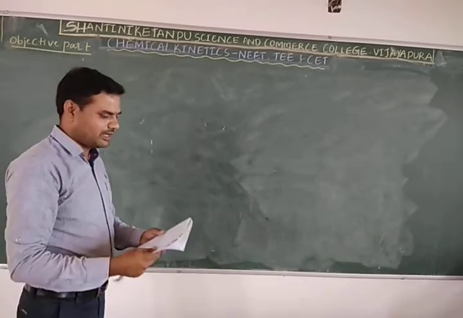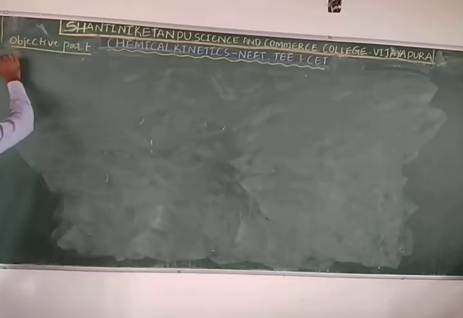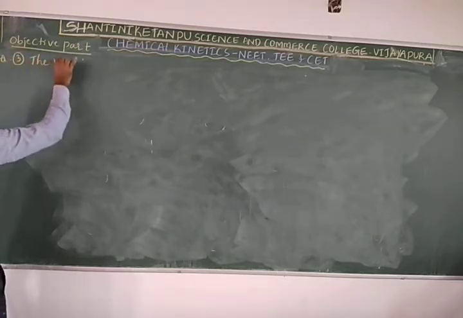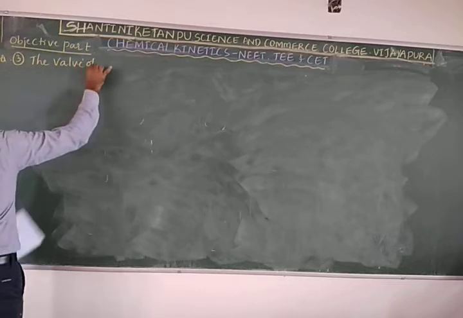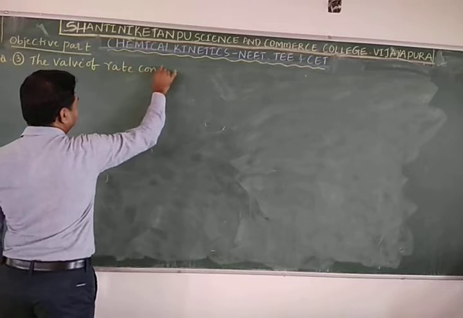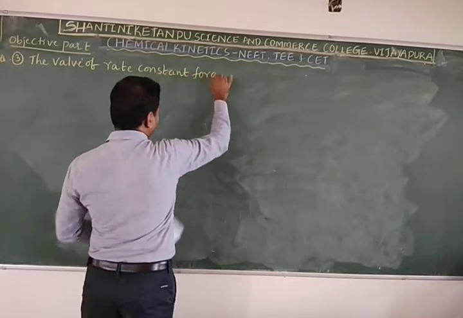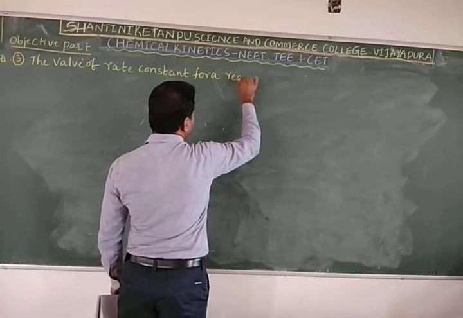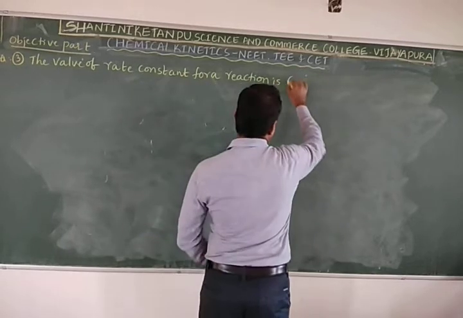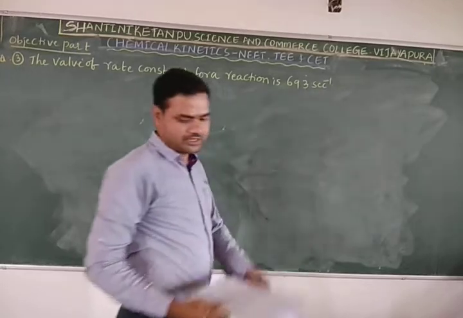The question was given as, see question number 3. The value of rate constant for a reaction is 693 per second.